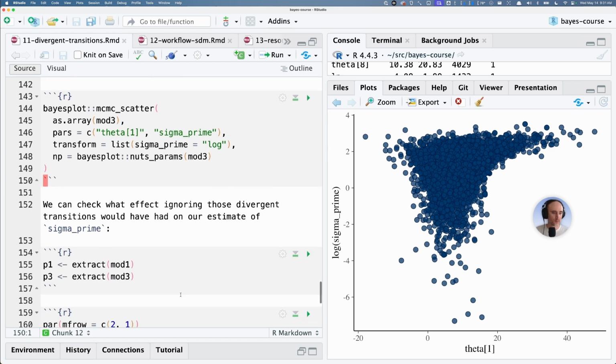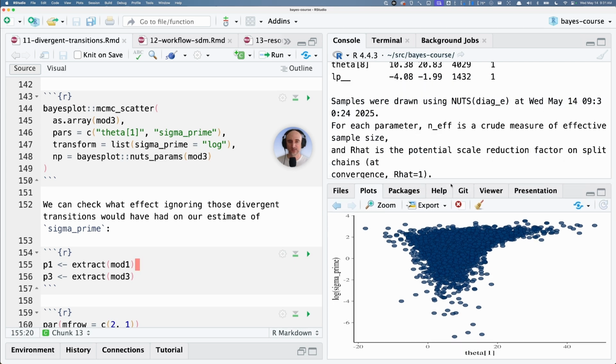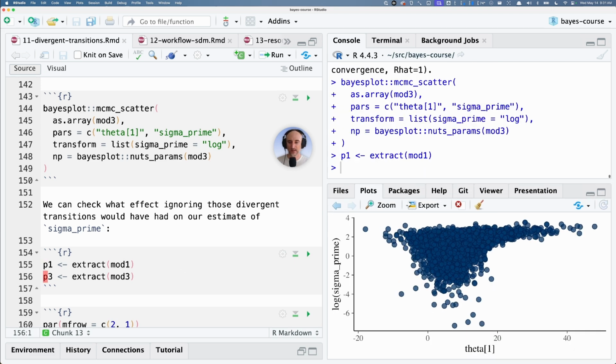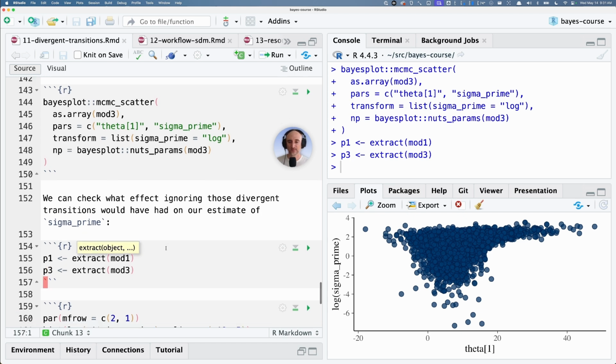So you might be wondering, would this actually affect the results that I would get out? Well, yes, it would. We can show that by extracting the posterior from our first model, mod 1, and then our non-centered parameterization that had a higher adapt delta value, mod 3. So that extracts a list.